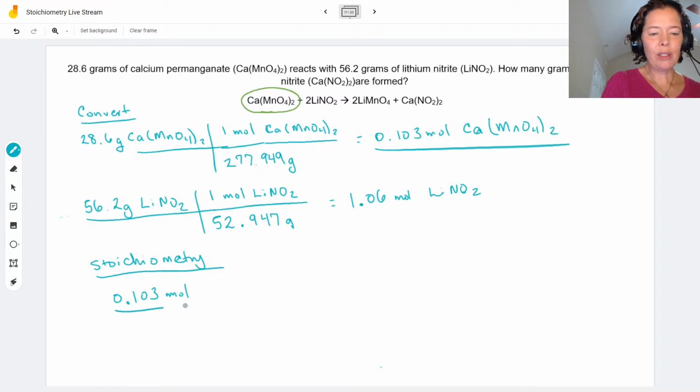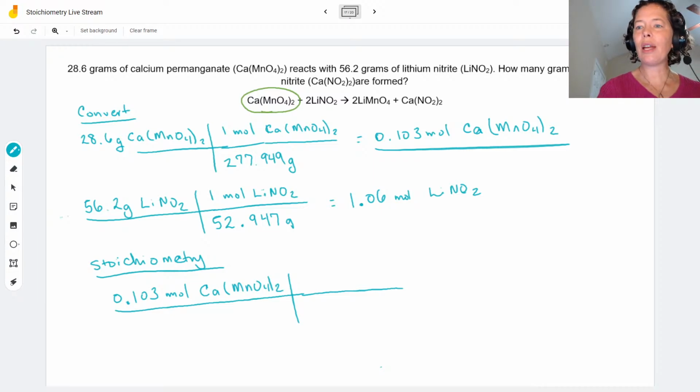So that is 0.103 moles of calcium permanganate. I'm going to convert to what the problem asked me for, and it asked me for calcium nitrite. So here's my stoichiometric conversion. The nice thing is this is a 1-to-1. Going to take me far longer to write everything down than to actually do the calculation. To 1 mole of calcium nitrite.